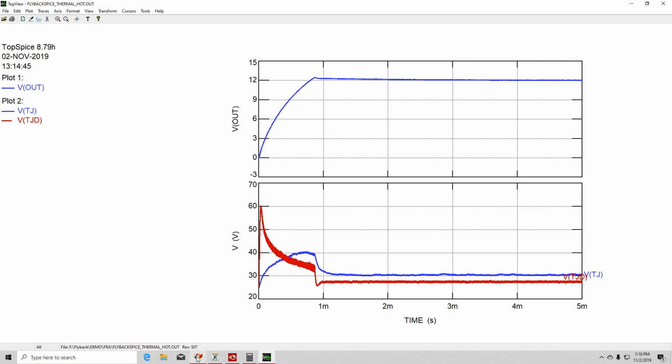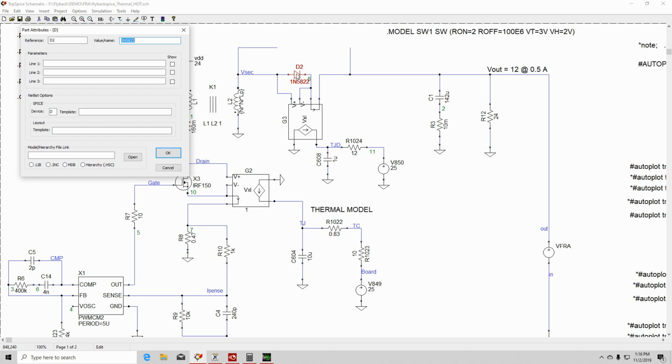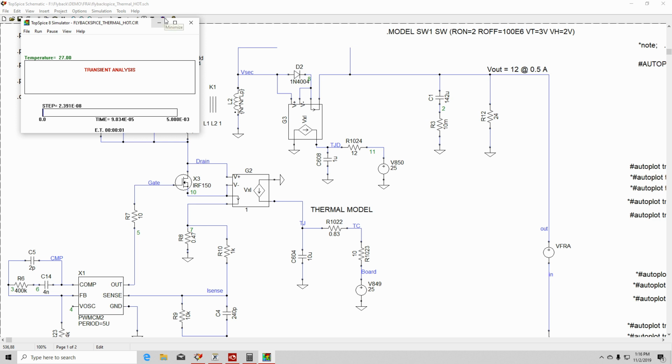Okay, so let's go ahead and use a slow diode. In the example it's a 1N4004. Okay, so we'll let it run. Again, we're going to monitor.